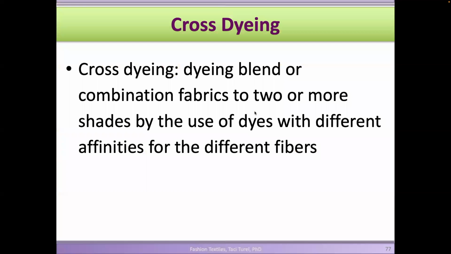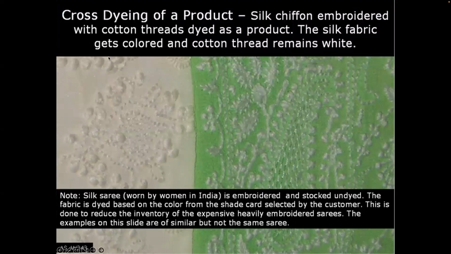Cross dyeing is when you have different types of fibers in the fabric, but each fiber picks up the color differently. For example, you have this fabric. This is the raw fabric before dyeing, and you use these yarns to create this embroidery. And the embroidery yarns are cotton, but the actual fabric is silk.